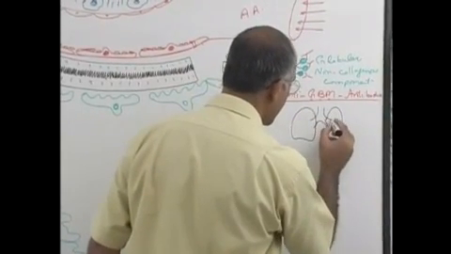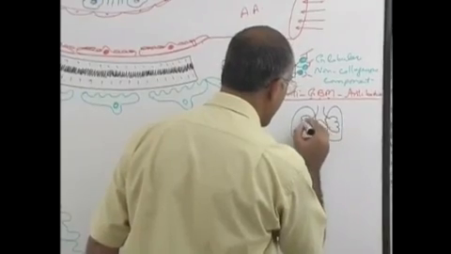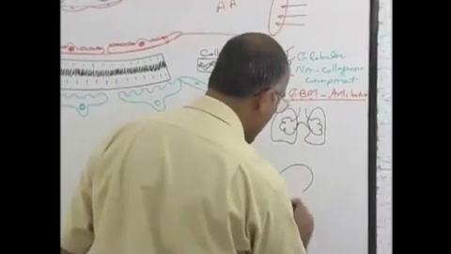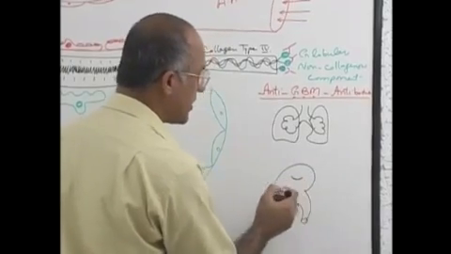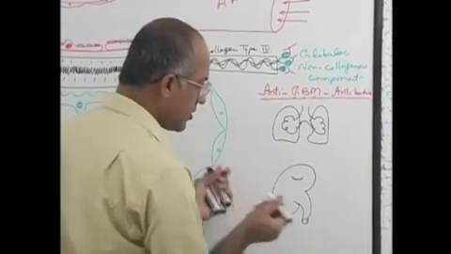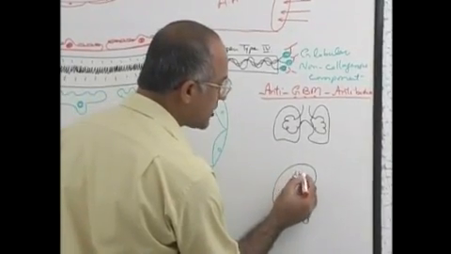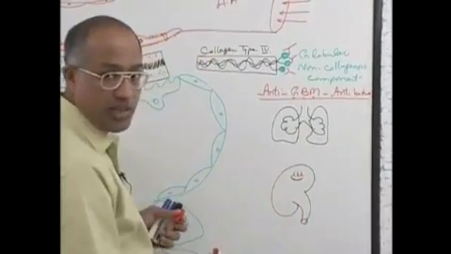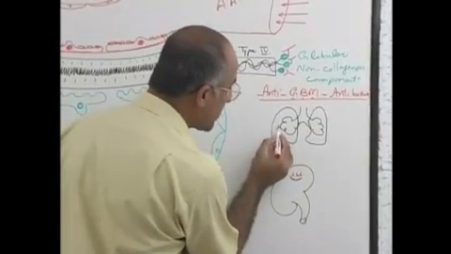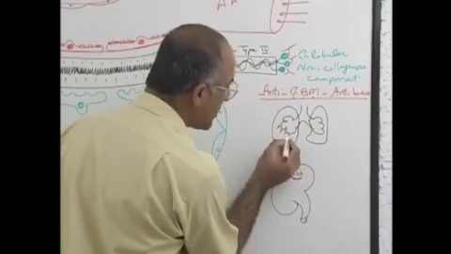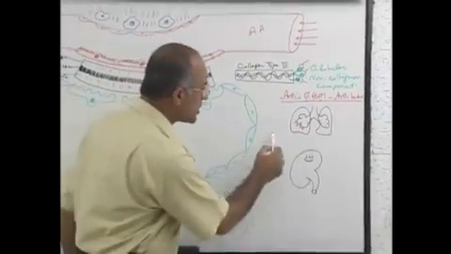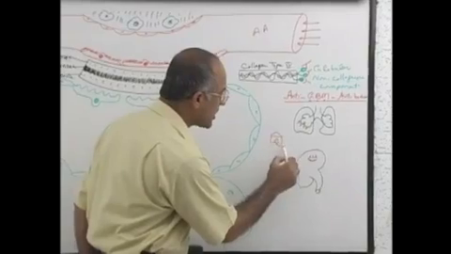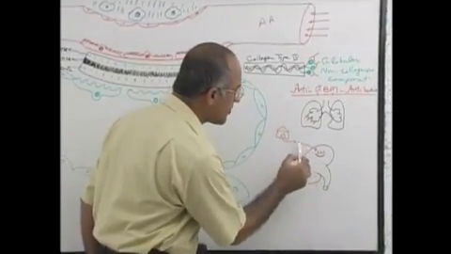So some patients may make antibodies which will react not only against the glomerular basement membrane in the kidney, but they will also react against the alveolar basement membrane. Under these circumstances, autoantibodies are attacking the kidney as well as the lungs.